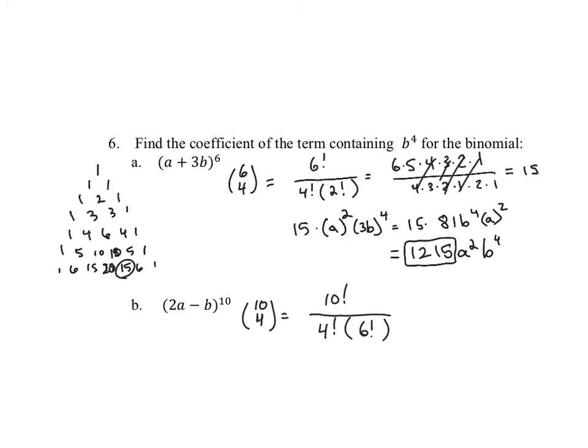So we have 10, 9, 8, 7, 6, 5, 4, 3, 2, 1. Then we have 6, 5, 4, 3, 2, 1. And then 4 times 3 times 2 times 1. So the 6, 5, 4, 3, 2, 1 are going to factor out.